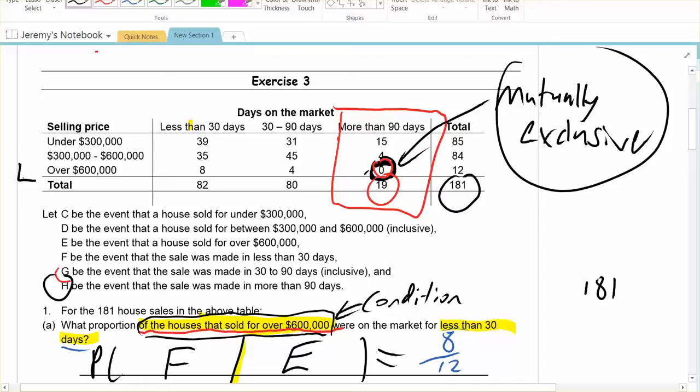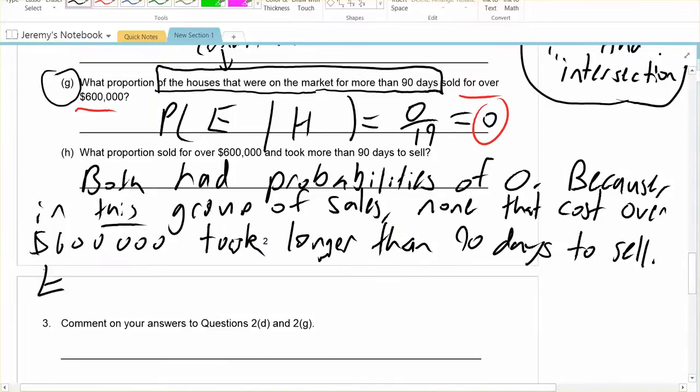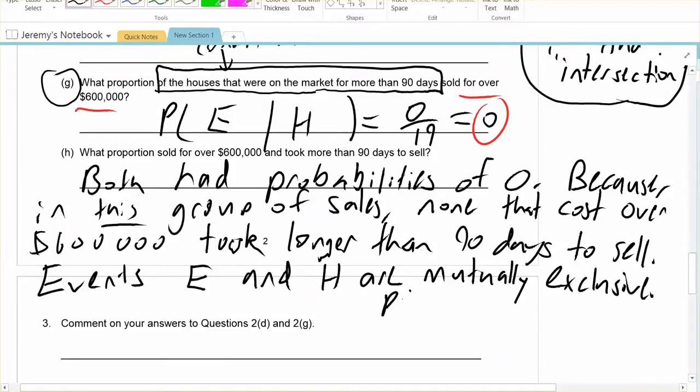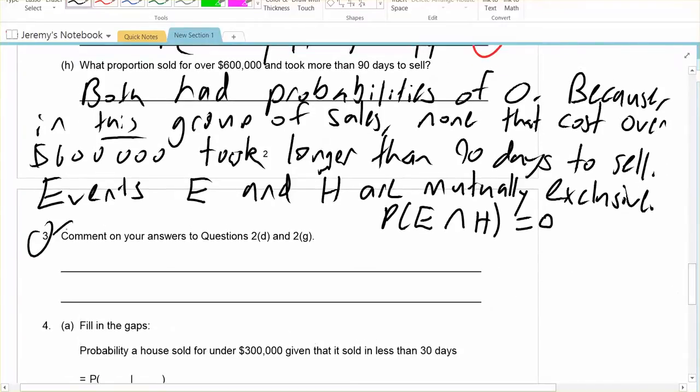We're calling it event E. And more than 90 days, we're calling that event H. So events E and H are mutually exclusive, which means the probability of E and H both happening is 0. A house cannot be in both categories at the same time. That was really question 3, wasn't it? I wrote it in the wrong place.